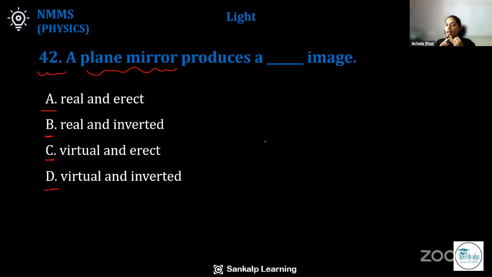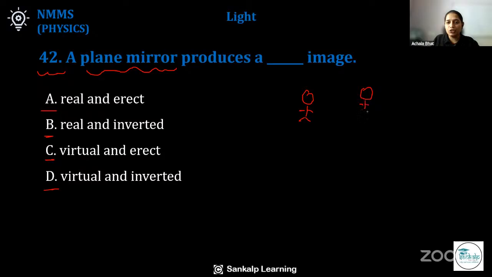Remember, real and inverted is a combination and virtual and erect is a combination. Now, if you see your image in a plane mirror, in your dressing table mirror or bathroom mirror, what you see is that your image formed is upright, not upside down, right?